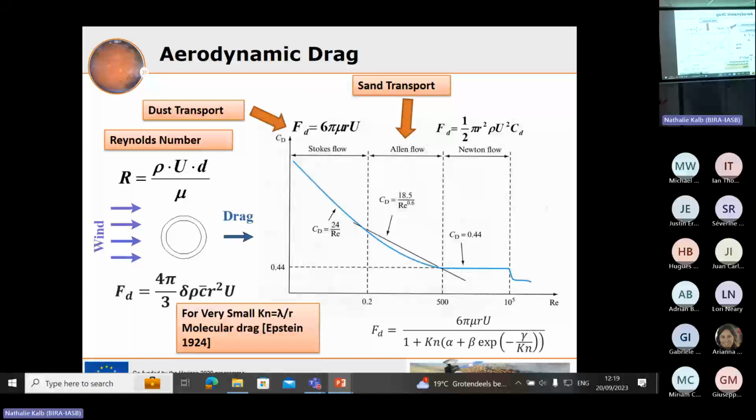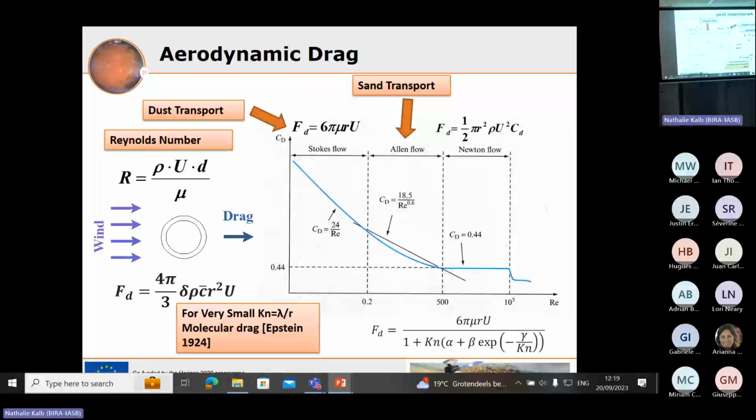And this is the regime which is dominant on Mars for Martian type dust. As I remember, the scattering length on the surface of Mars is around 7 microns, and the particle radius is whatever, 1.5, 2 microns. So you're in the molecular drag regime.